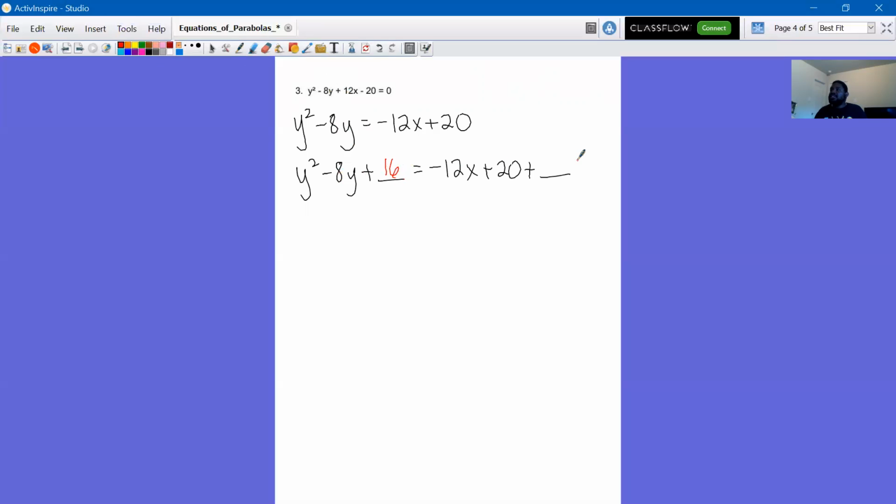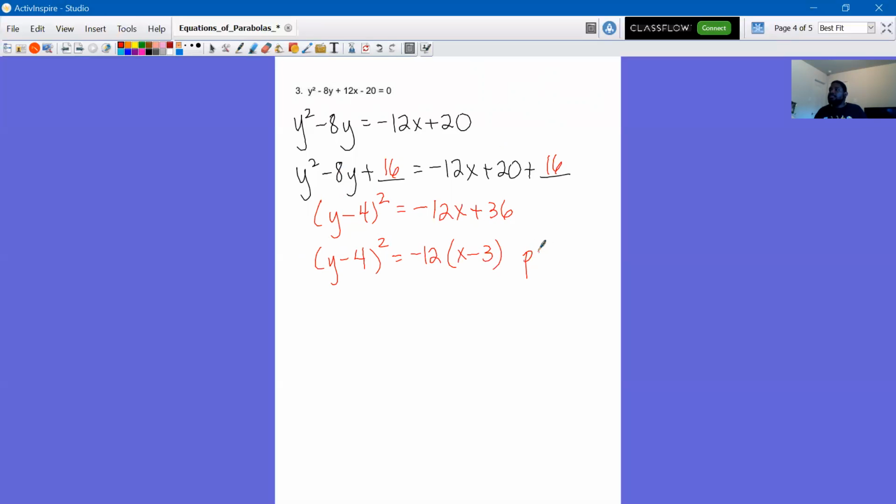So adding 16 to the left, we add 16 to the right as well. And then we're going to factor. So we get (y - 4)^2 = -12x + 36. And here we're going to factor out our -12. So that leaves x - 3.